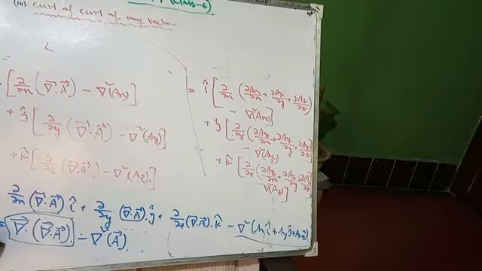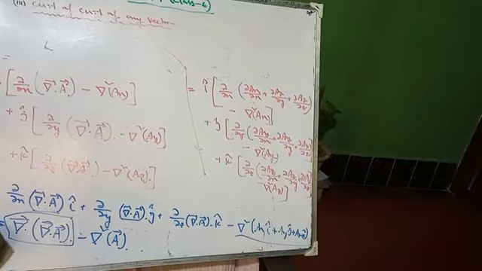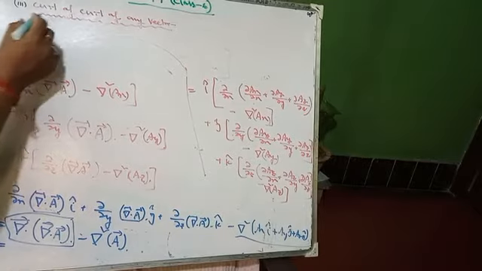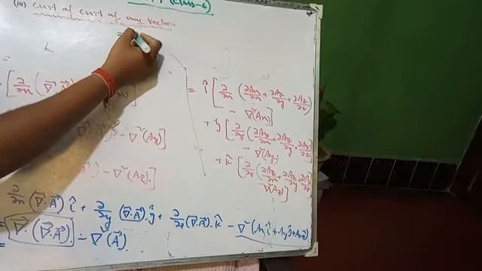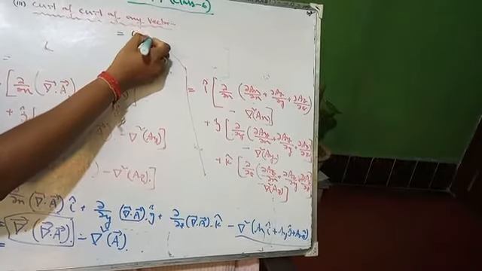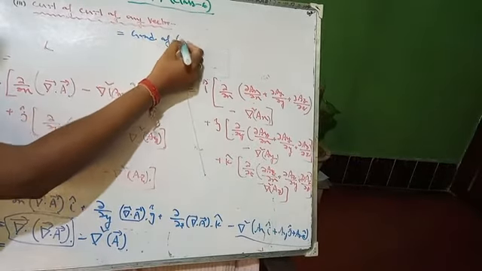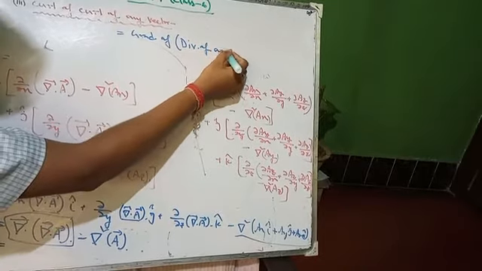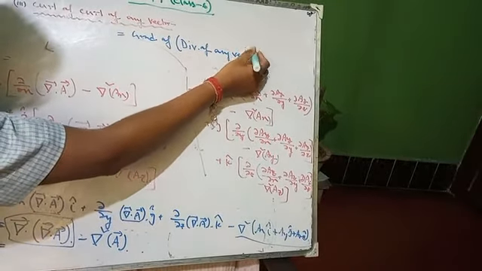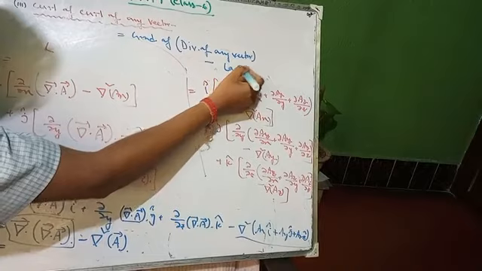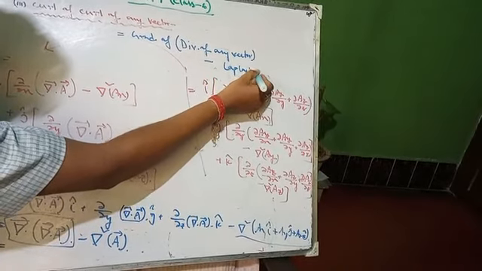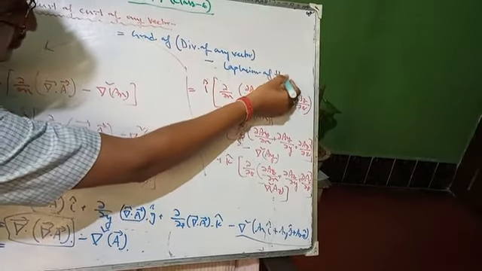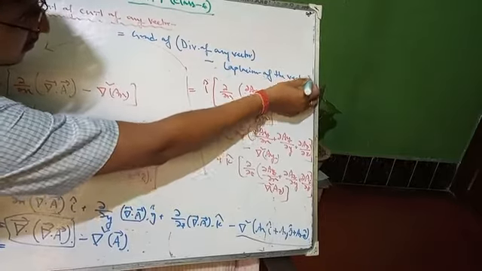So this is the ultimate term: curl of curl of a vector. So the curl of curl of any vector will be equal to the gradient of the divergence of the vector minus the Laplacian of the vector, okay.